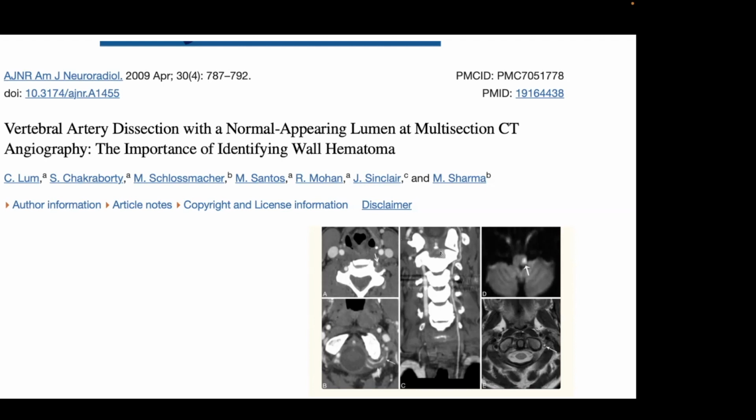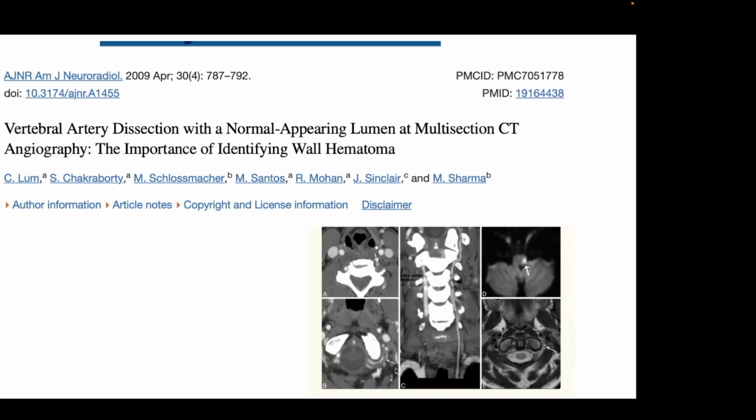And I want to bring your attention to this, and this is a little different than in carotid dissections, because in virtually all cases that I've seen of carotid dissections, the lumen is narrowed. But there is this entity of sparing of the lumen, but this wall hematoma that you see here in this article is just what I showed you in those two cases.